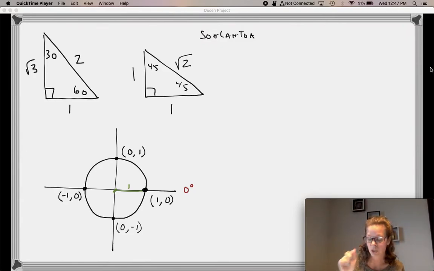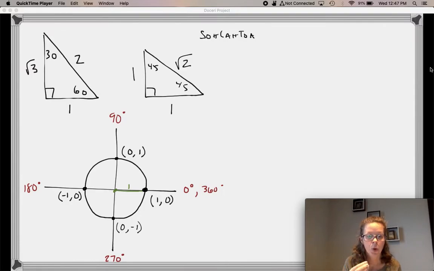Measuring counterclockwise from here, coming around, up top we would be at 90 degrees. Keep going around counterclockwise, we hit 180. Keep going around, at the next line we hit 270. And then if we go all the way around, we hit 360 degrees, which makes a whole circle. So those are some angle lines.